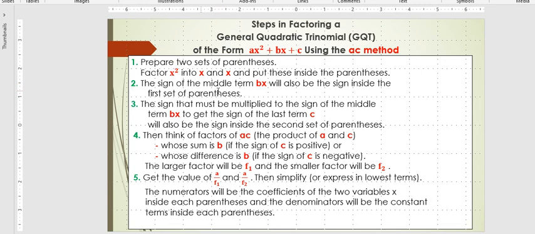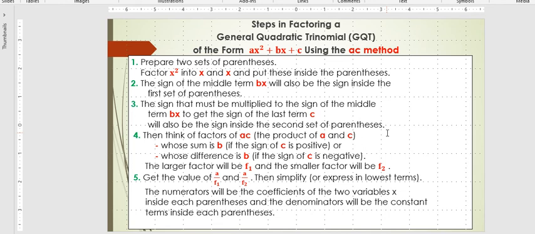The sign of the middle term bx will also be the sign inside the first set of parentheses. Step number 3. The sign that must be multiplied to the sign of the middle term bx to get the sign of the last term c will also be the sign inside the second set of parentheses.